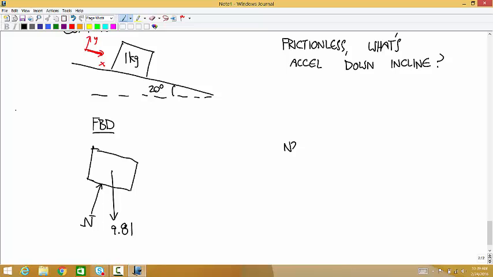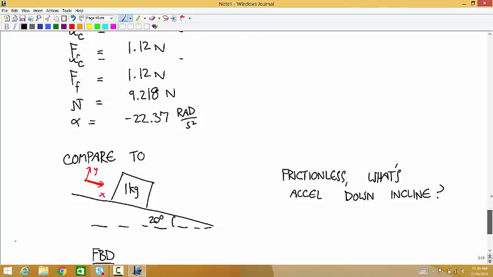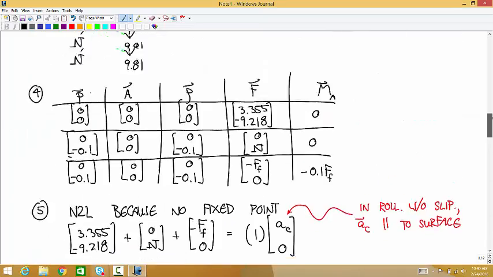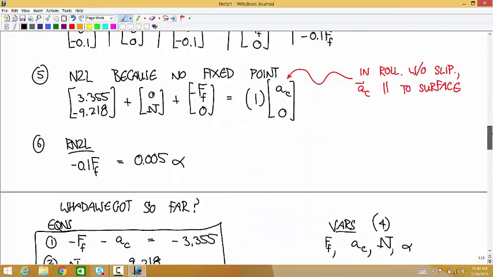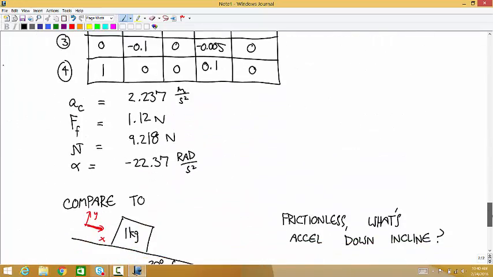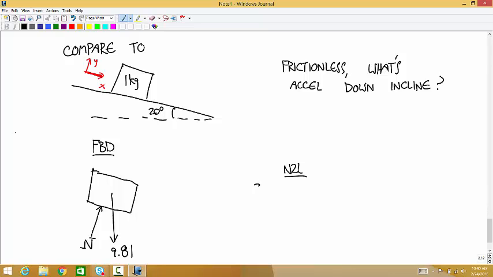So Newton's second law says, well, it's the same weight force, so what was that, 3.355, negative 9.218. So 3.355, negative 9.218. The normal force is 0 N. And the acceleration is going to be all in the x direction.